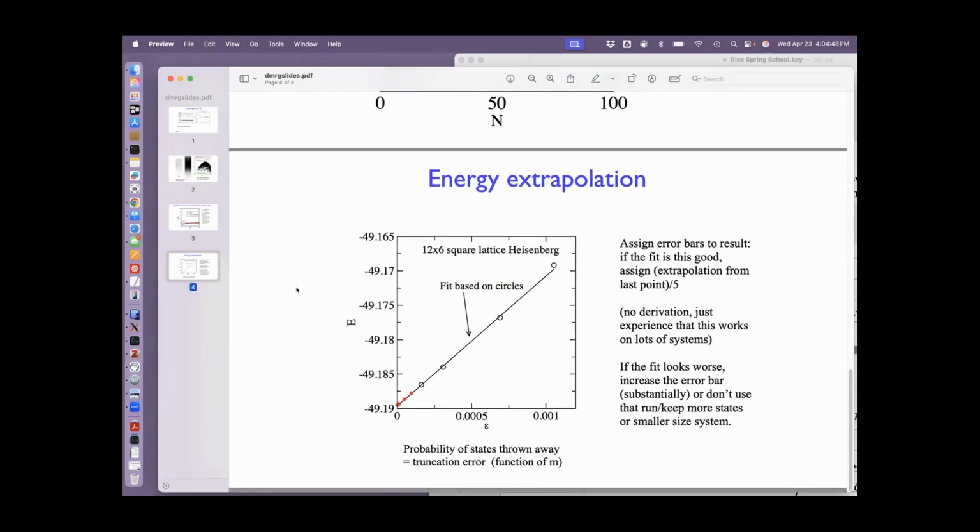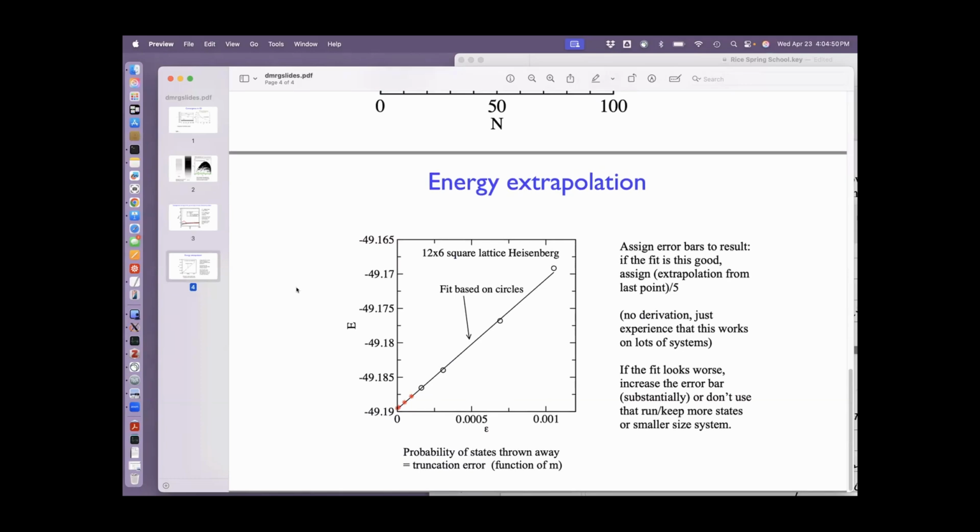And so next time we're going to talk more about time evolution and 2D systems. But I wanted to show you one more practical thing in a DMRG calculation. This one is for a 2D system. It's energy extrapolation with the truncation error.